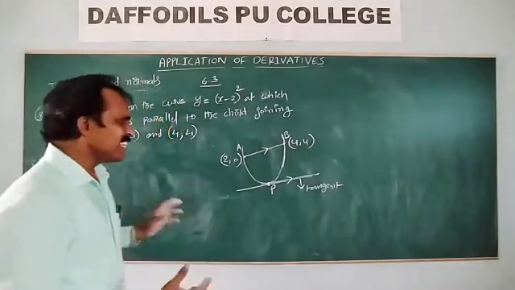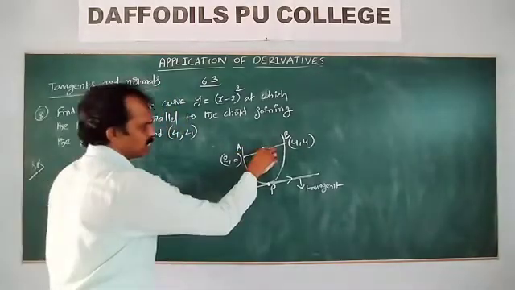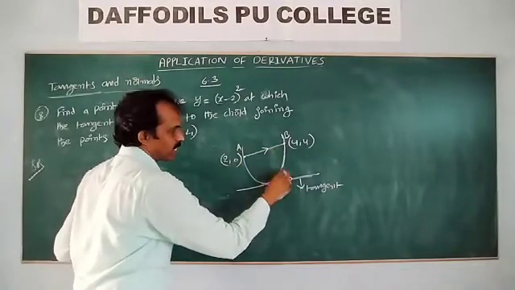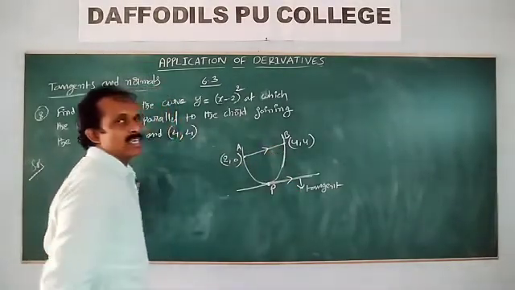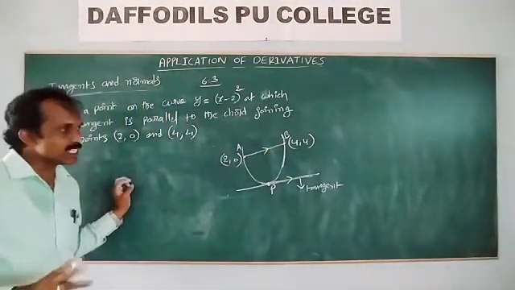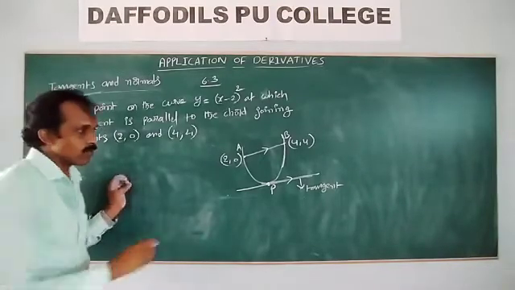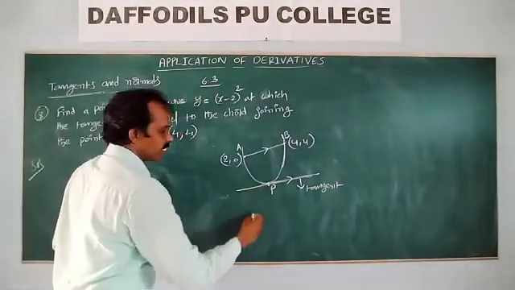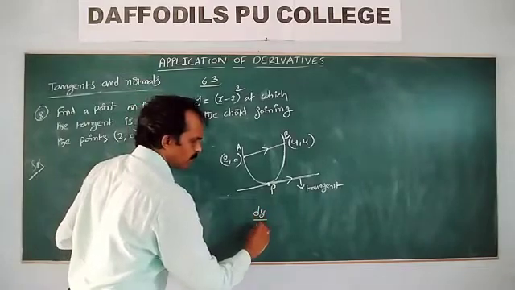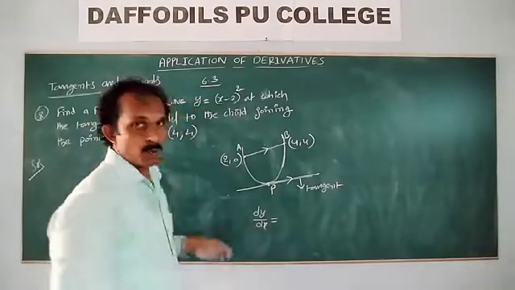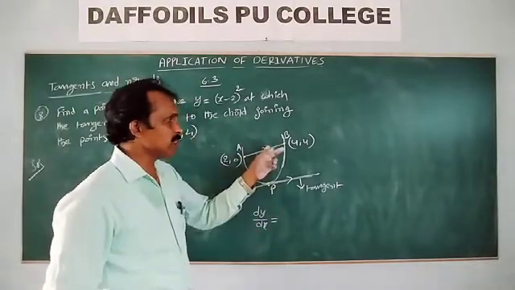Two lines that are parallel have equal slopes. The tangent slope is equal to dy by dx, parallel to this chord.